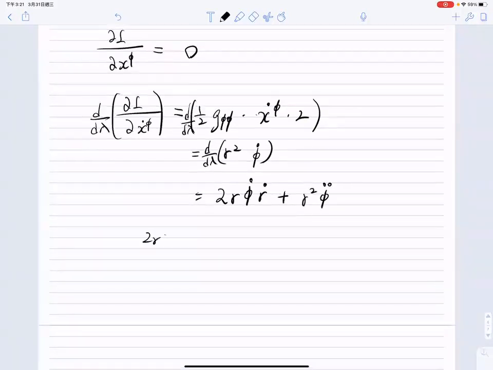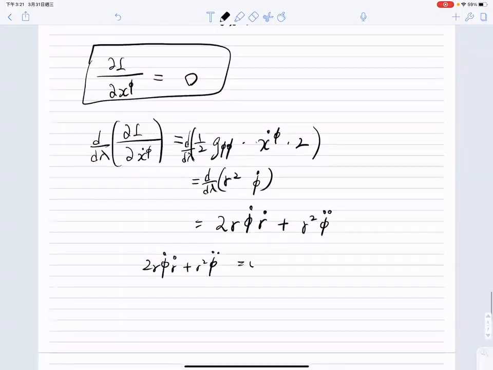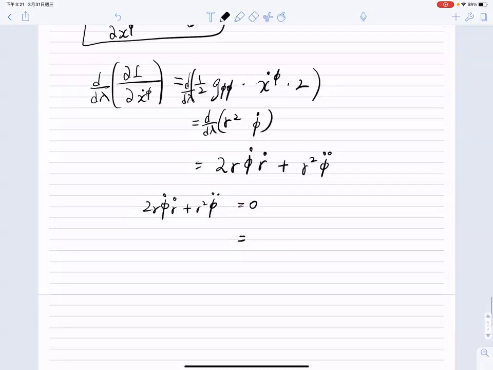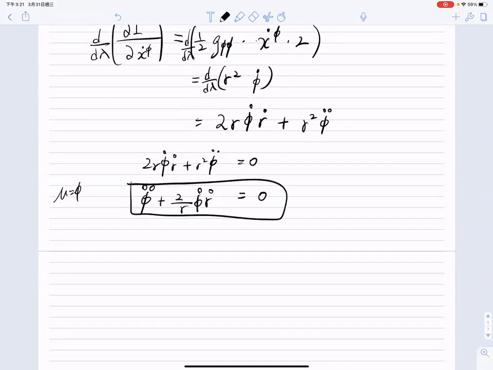Finally, this guy will be equal to 0 as the partial derivative with respect to x phi equals 0. Finally, we can just massage the equation. It will become this, which is exactly right, this time there's no accident. Sorry about that. So for mu equal to phi, the geodesic equation is easy to come out.